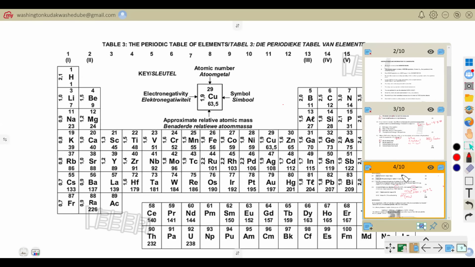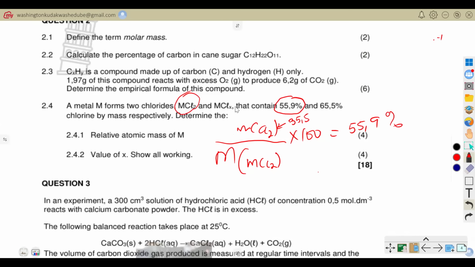So my question is saying that I should find the total molar mass of the chlorine molecule.